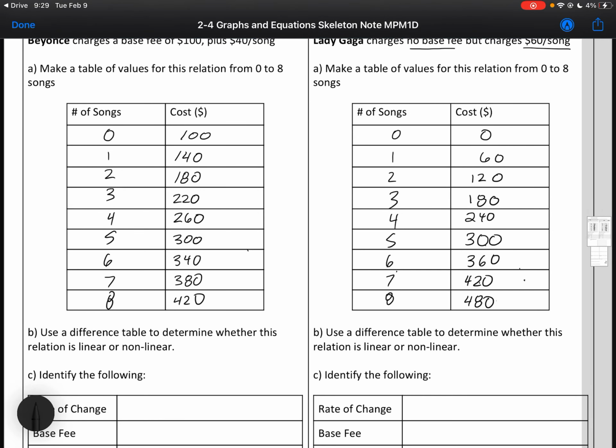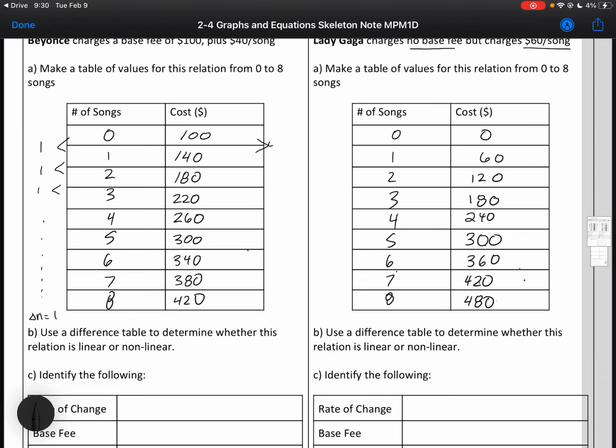The next thing we're going to do for both is use a difference table to determine whether this relation is linear or non-linear. I'm going to start on my left-hand side, and I notice that my difference, we'll call it delta n, is equal to 1.